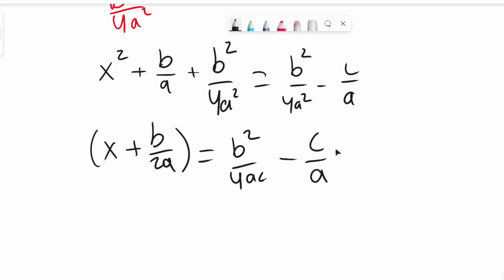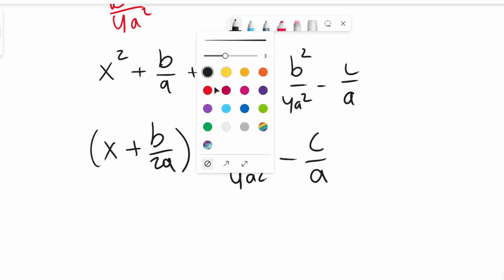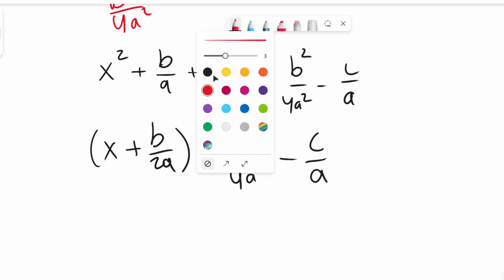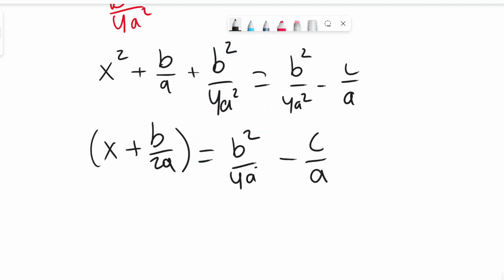Now the next thing we're going to do is combine these two terms. So we need to get common denominators. Sorry, this would not be a c, this would be 4a squared. Apologies, 4a squared.